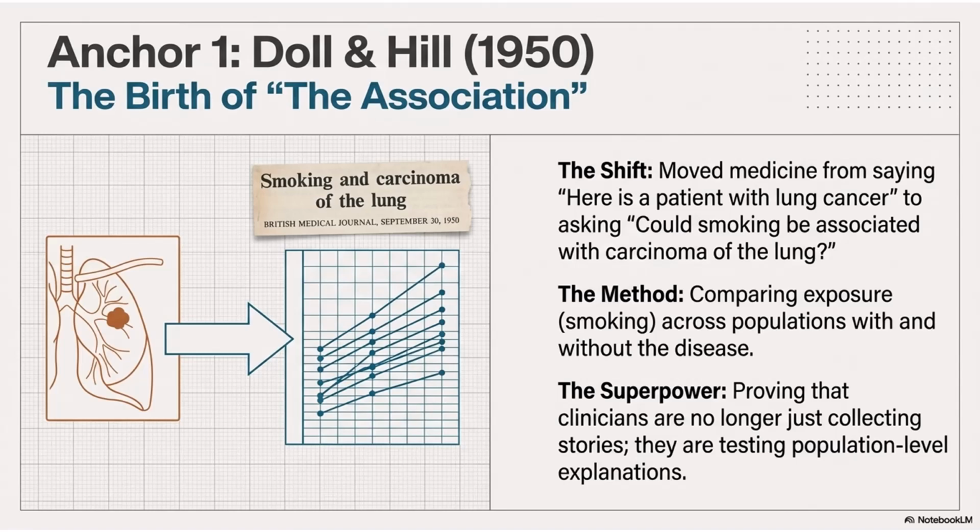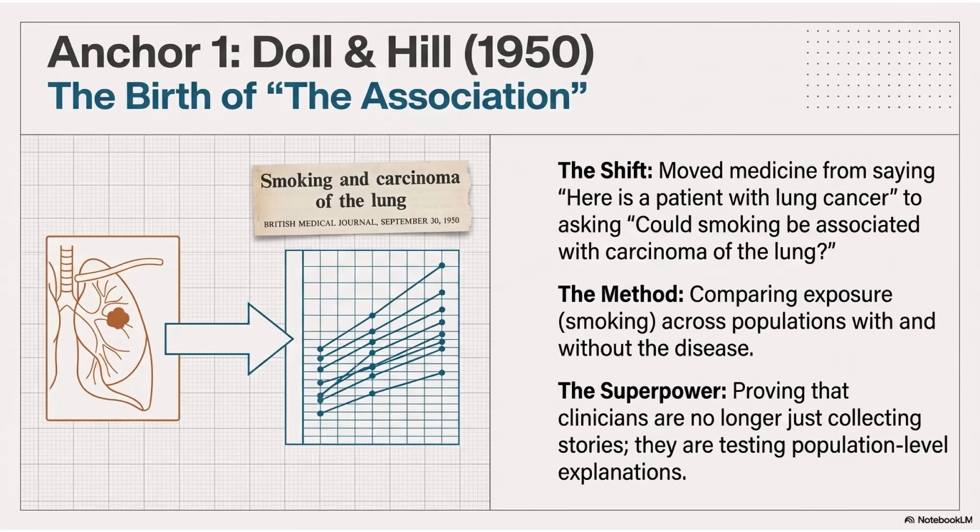This was the birth of analytic epidemiology. The core move here was comparison, not just describing patients with lung cancer, not just saying here are some cases, but comparing exposure histories between groups, those with the disease and those without the disease. This was the key leap.